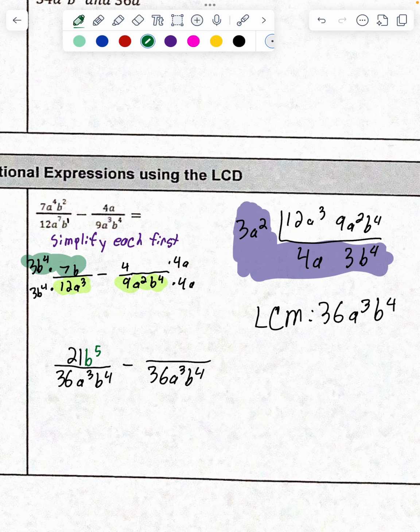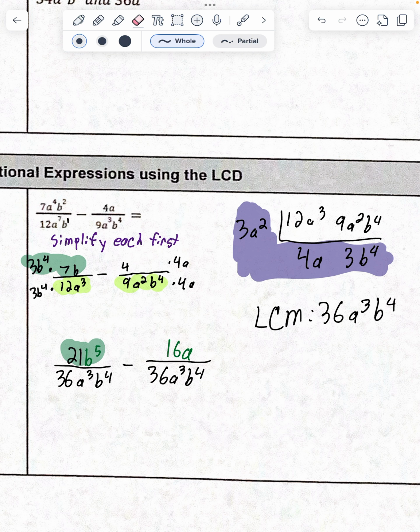B to the 5th. And then, wrong color. Got to get back to my highlighter. And then when we go back to here, 4 times 4a, that's just going to be 16a.